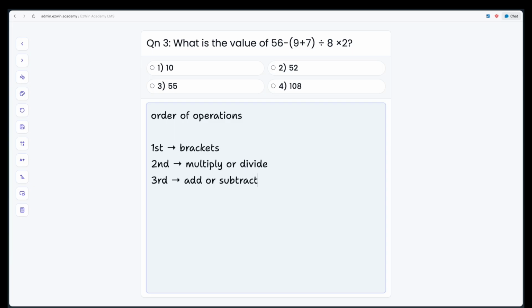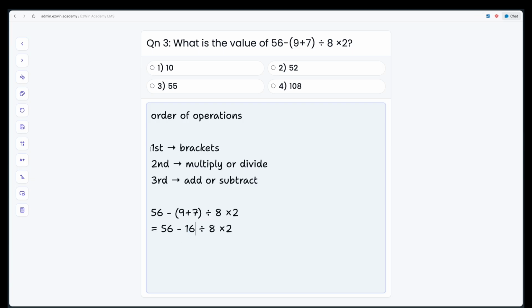So with this equation, what do you think we need to do first? If you think we need to do the brackets, then you're right. We need to do what's inside the brackets. So 9 plus 7, what do you think it's equal to? This will equal 16.